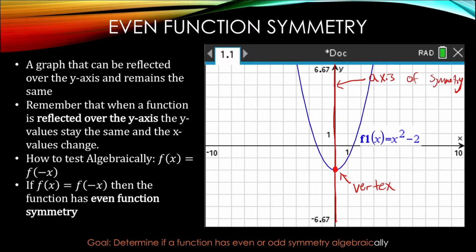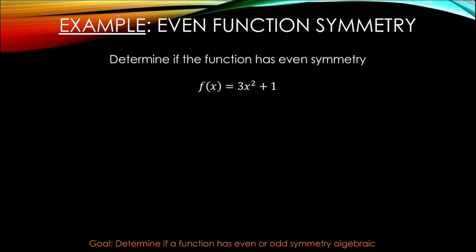Algebraically, we know that f of x has to equal f of negative x for it to be even. Okay, so let's look at that. So determine if the function has even symmetry. So I'm looking for f of x to equal f of negative x. Well, we're given f of x right here.